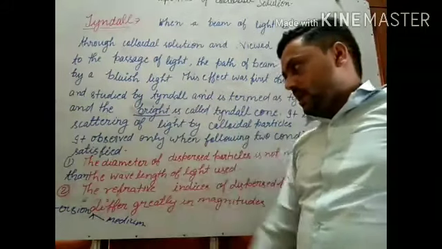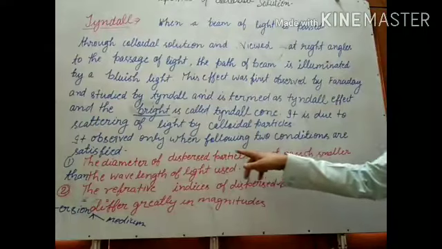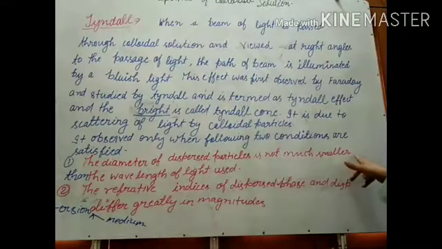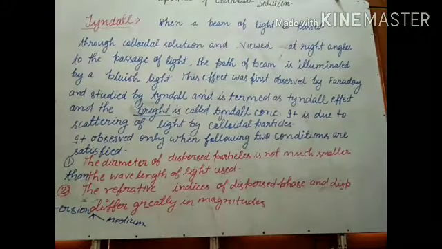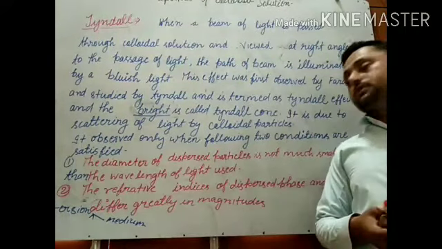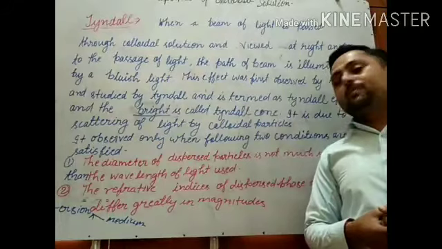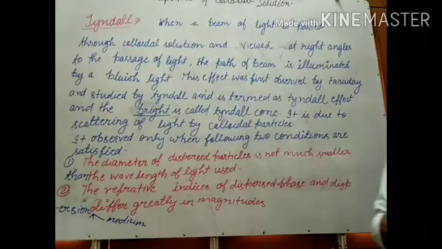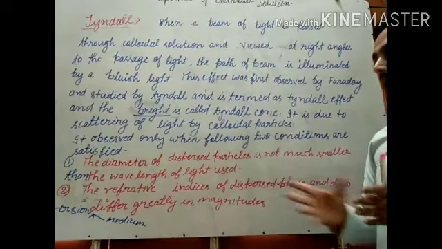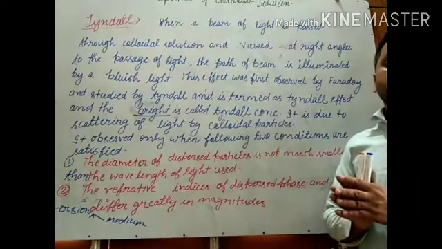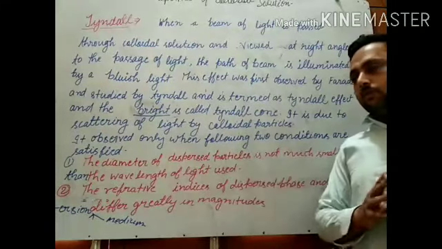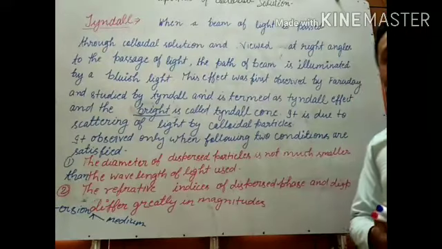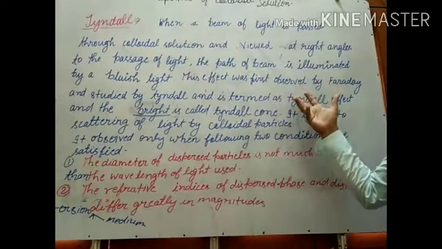First condition: the diameter of the dispersed particles is not much smaller than the wavelength of light used. Means the wavelength of the light and the diameter of the dispersed particles should be approximately equal. A little difference is no problem, but if there is a great difference between the two, the Tyndall effect can't be seen.